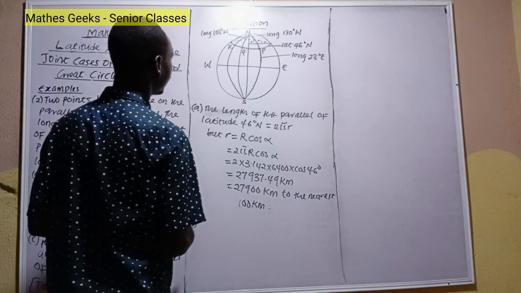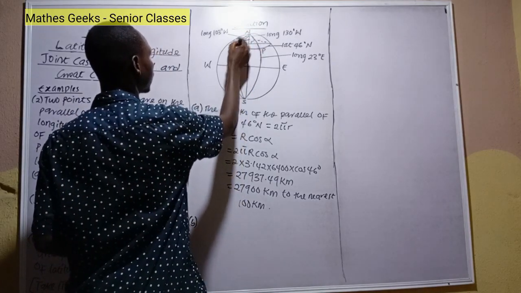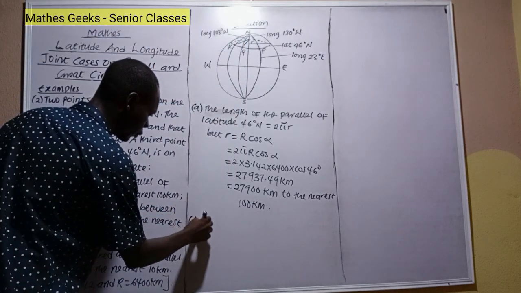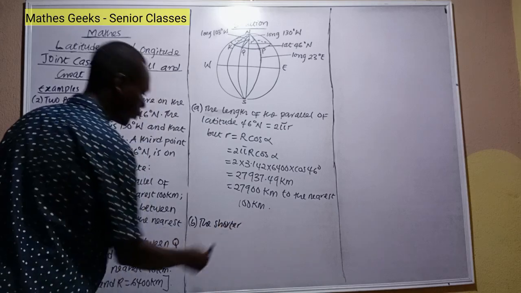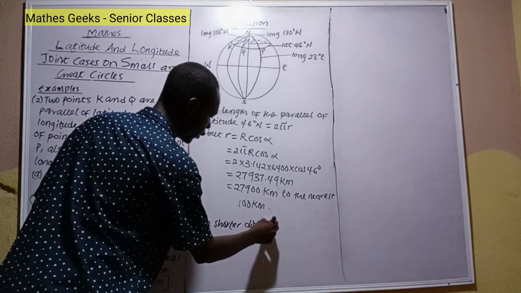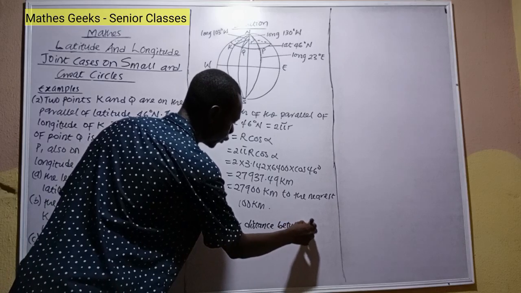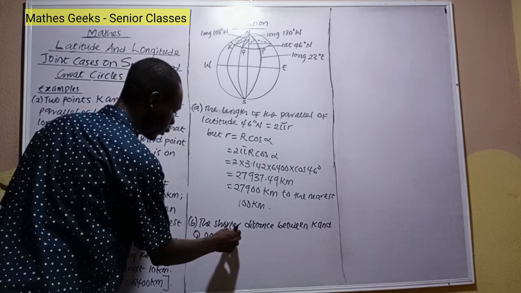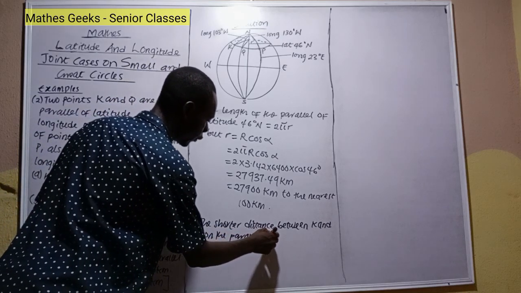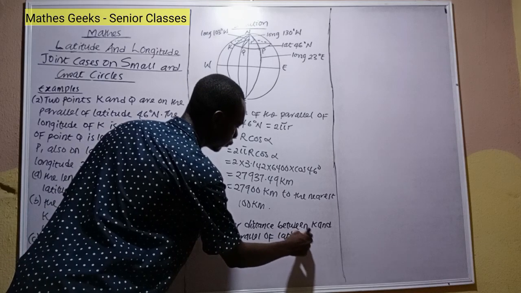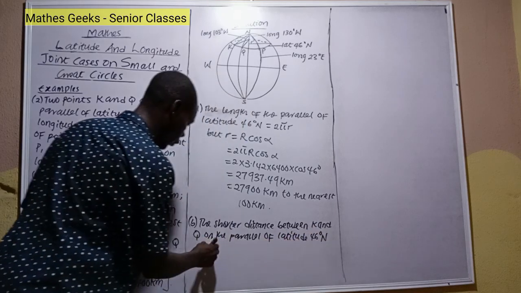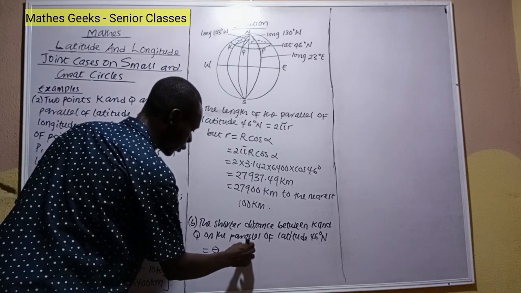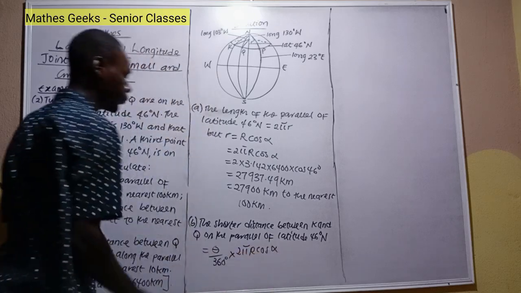The shorter distance between K and Q measured along the parallel of latitude 46 degrees north is equal to theta over 360 degrees times 2 pi R cos alpha.